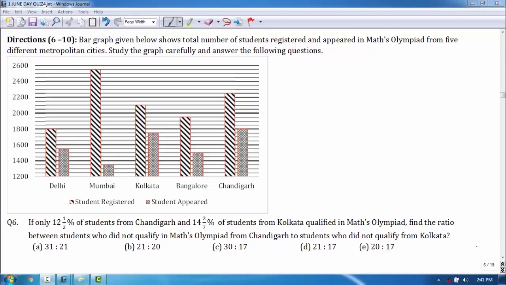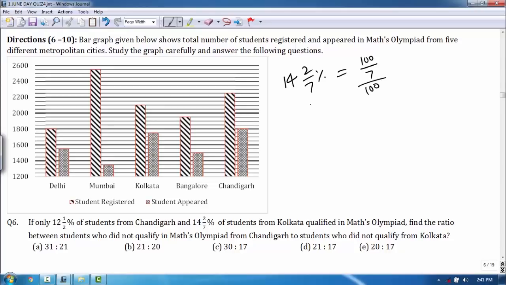The number of students who qualified from Kolkata is 14 2 by 7%, which is equal to 100 by 7 upon 100.